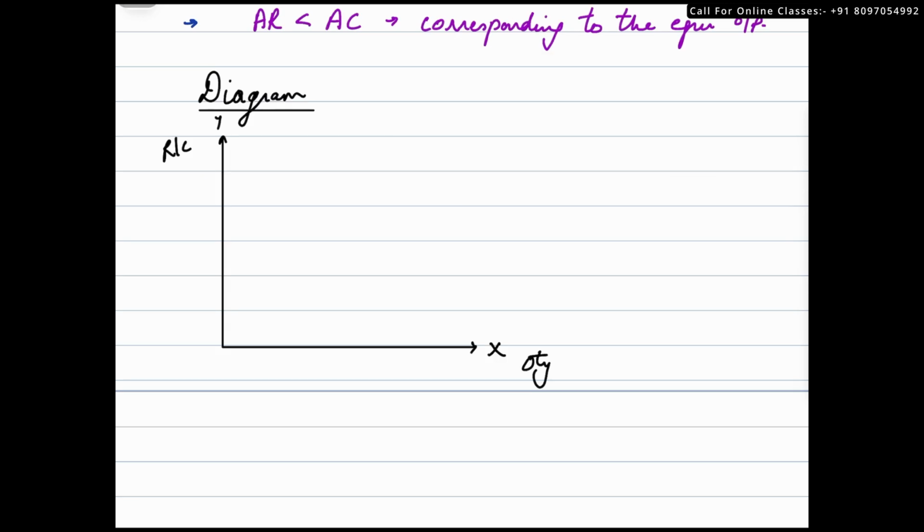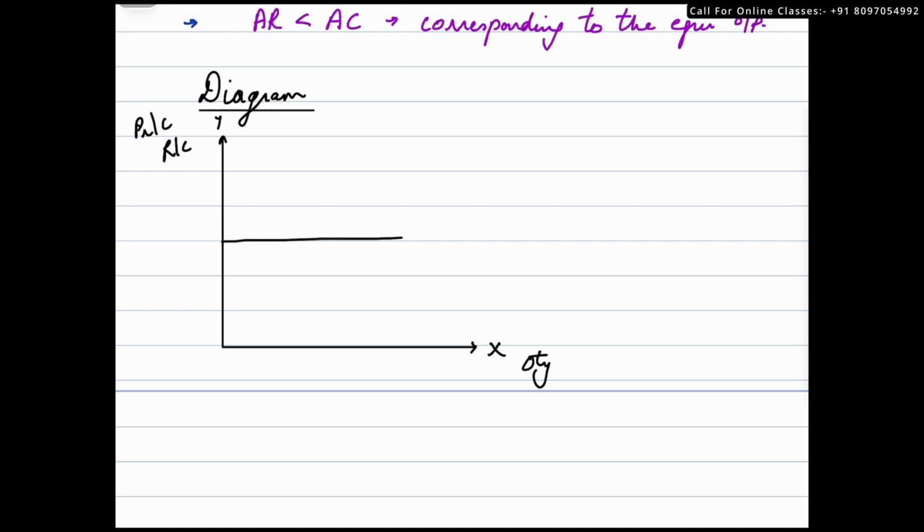So here we have the y and x axis. We have revenues and costs on the y axis and quantity on the x axis. A lot of boards would also put price and costs. That also is absolutely fine. Now, since this is a perfectly competitive market, we know that the AR and MR curve is a horizontal line parallel to the x axis. So let's draw that as well.